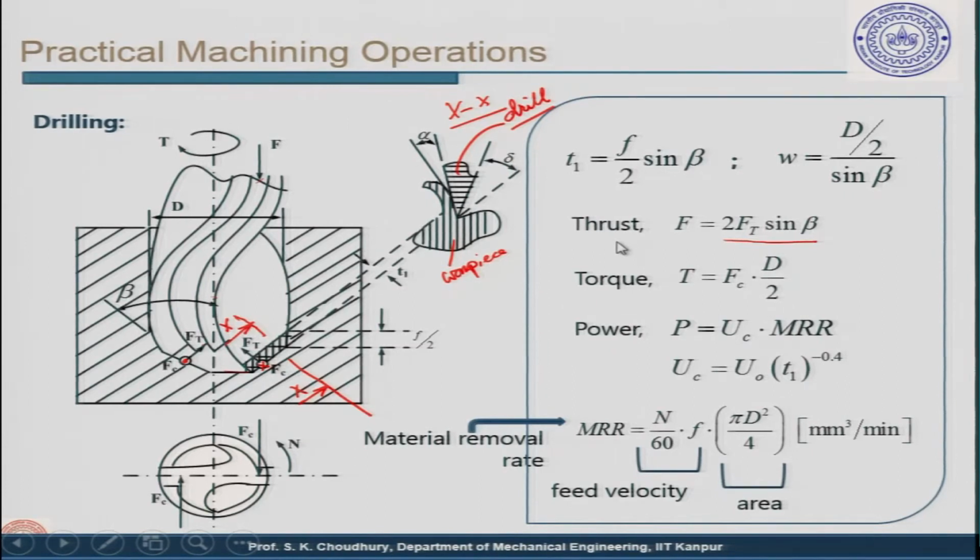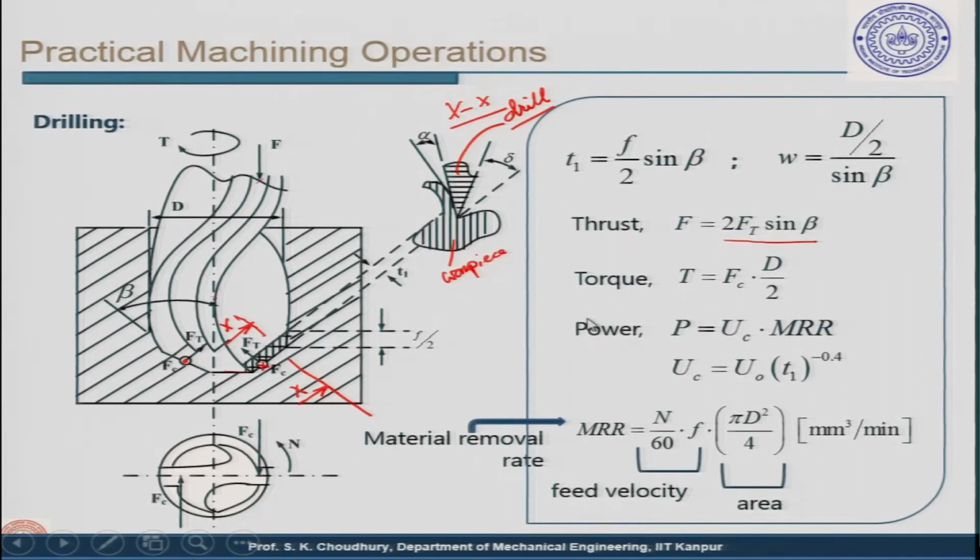Whereas, the total torque will be given by, this is the Fc, and this is how the Fc is working. So, this will actually move like this. The torque is given in this direction, and RPM n is in this direction, and in the opposite direction the Fc will be working, because this will be resisting the rotation.